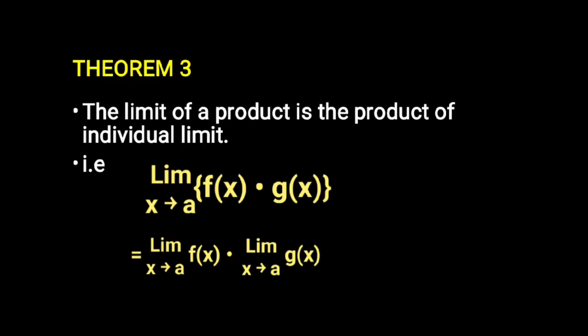The third one is the limit of a product, which is the product of individual limits. That is, limit of f of x times g of x when x approaches a is equal to limit of f of x when x approaches a times limit of g of x when x approaches a.